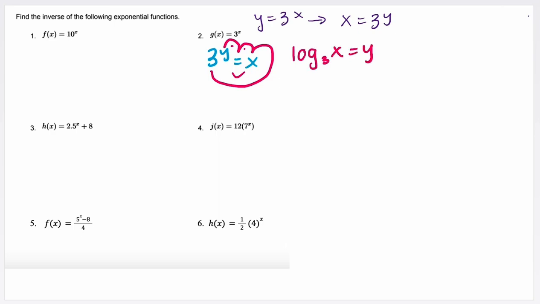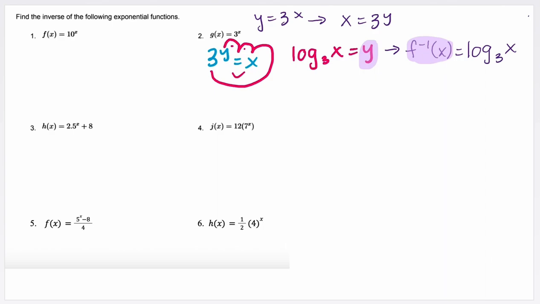And then when I write this as an inverse, I'm going to put f negative 1 of x equals log base 3 of x. So I just replaced that y that we had with f negative 1 of x. So that's the inverse of that exponential function.